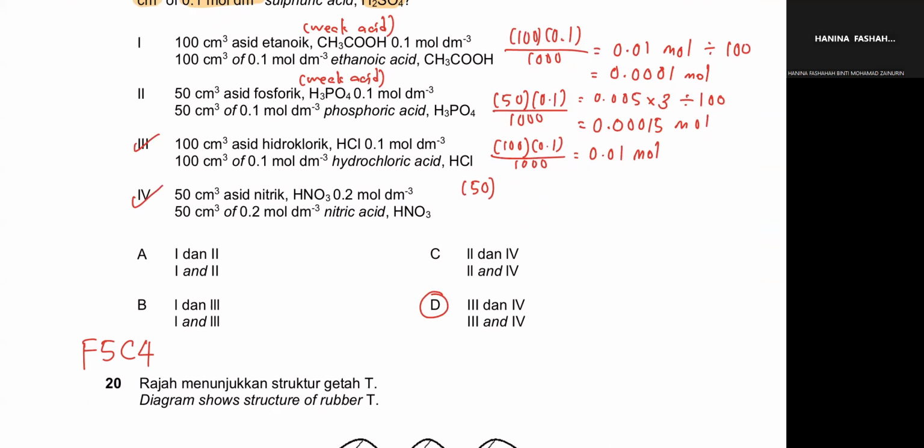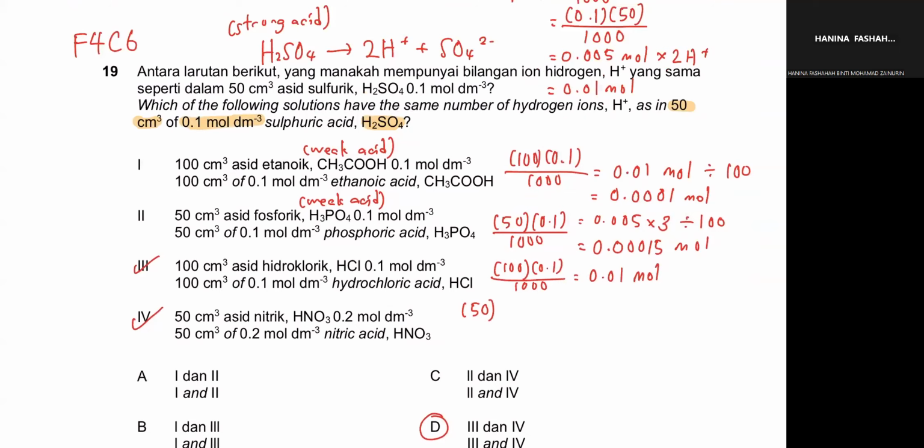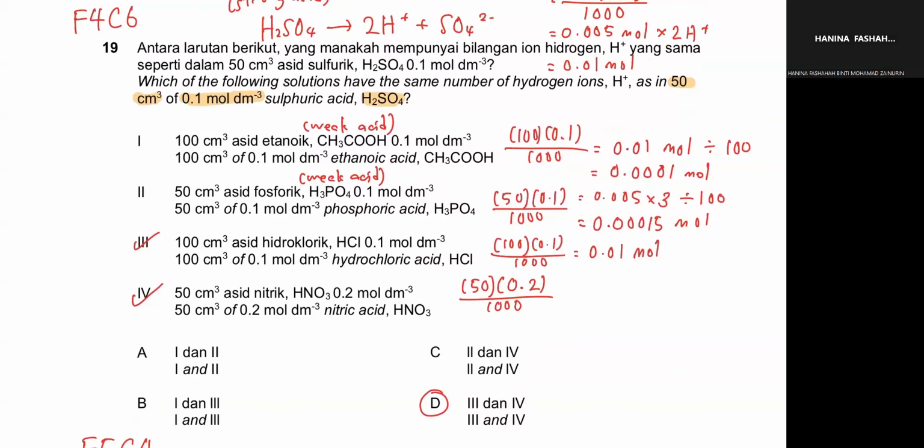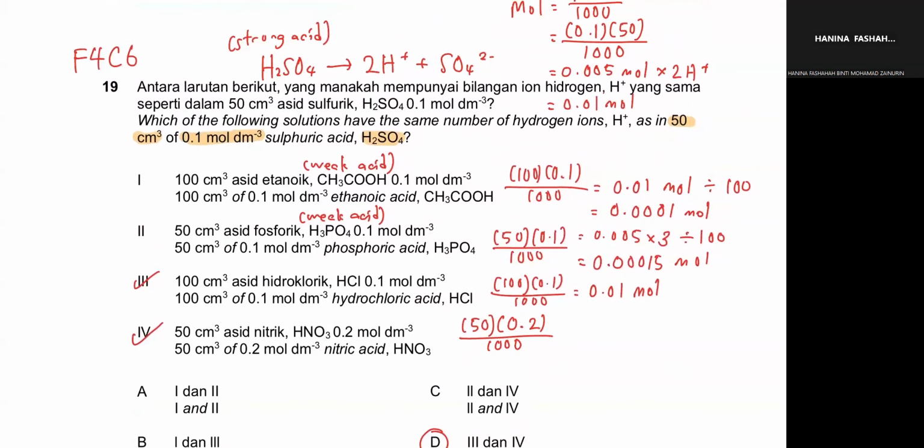If you do this one you can calculate. Calculate the number of mole. Because what they want is to produce the same number of mole. So if you remember H2SO4 is a strong acid, one time they produce 2H plus.